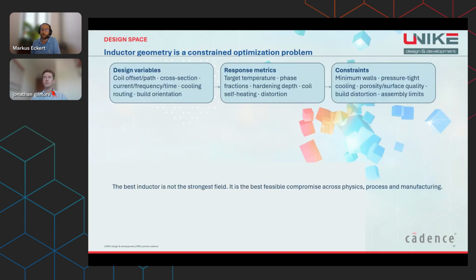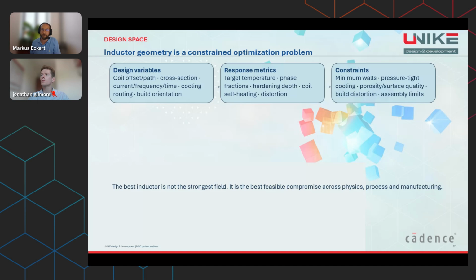This slide makes clear why the task has to be formulated as an optimization problem. We have design variables such as coil path and offset, the cross-section, current, frequency, heating time, cooling channel routing, and later also build orientation. We have responses such as target temperature, phase fractions, hardening depth, self-heating of the coil, and distortion.